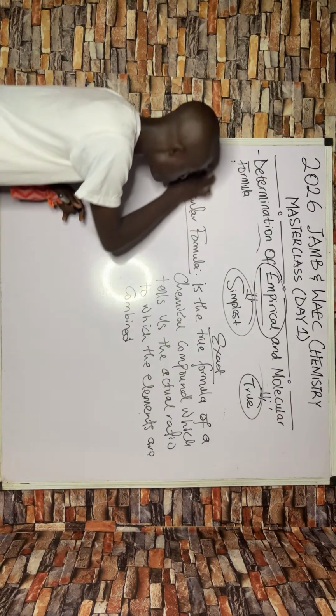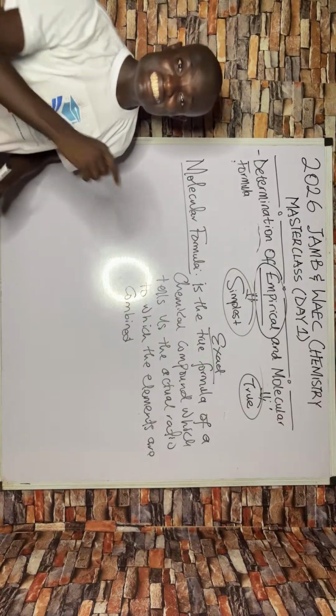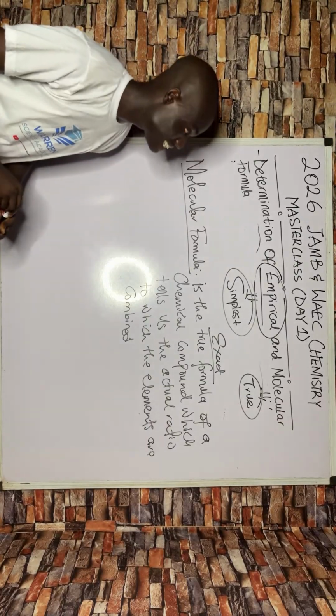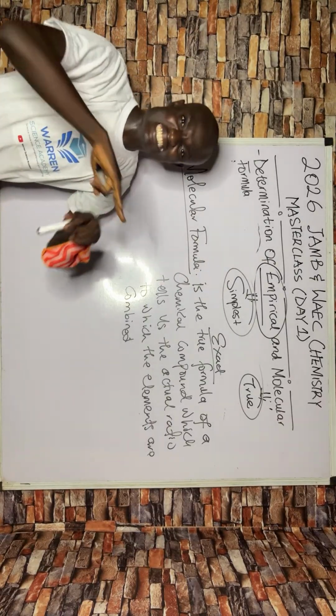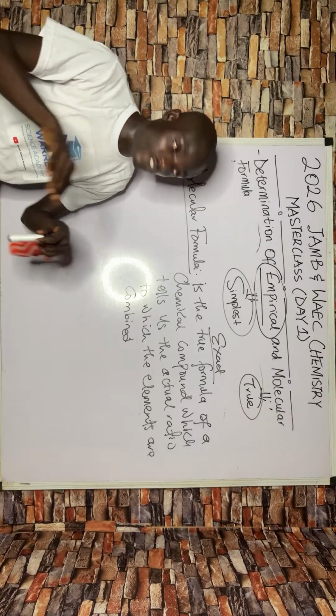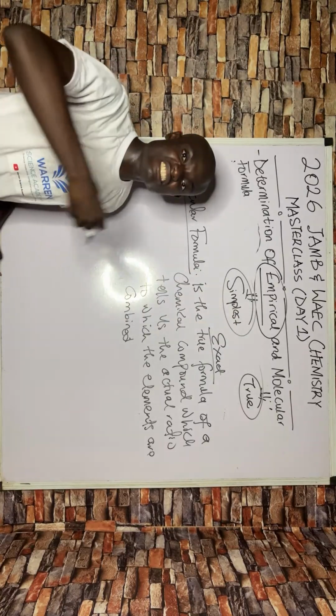So for the molecular formula, what makes it different from the empirical formula is that the empirical formula is just the simplest, like the lowest form, while the molecular formula, it is the true formula.